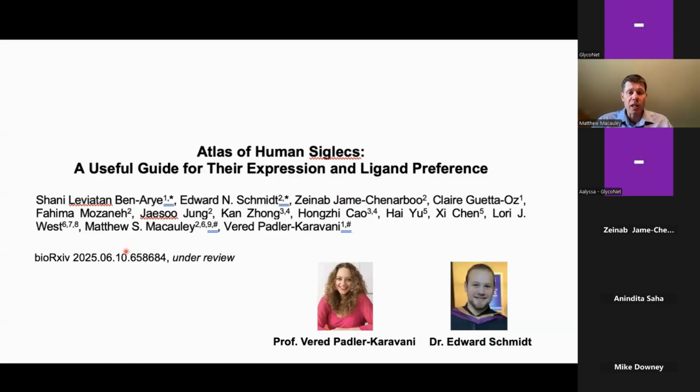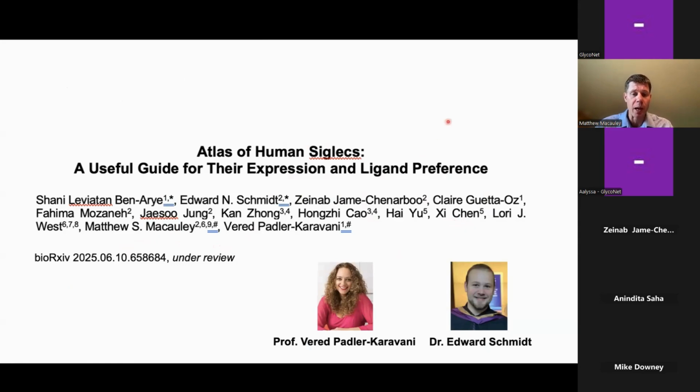So just to highlight one application of these tools, and this is something that Eddie's going to pick up on, this is a manuscript that we have under review. Years ago, we started working with Farid, who has a really extensive glycan microarray from glycans predominantly synthesized in Zichen's lab.